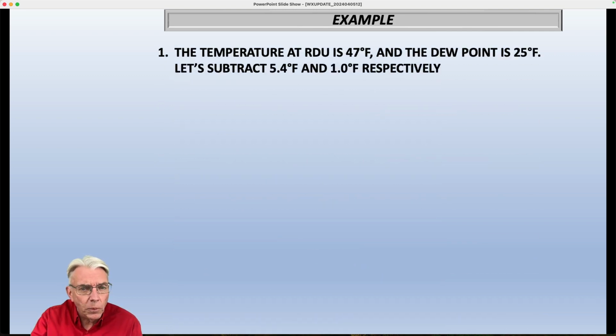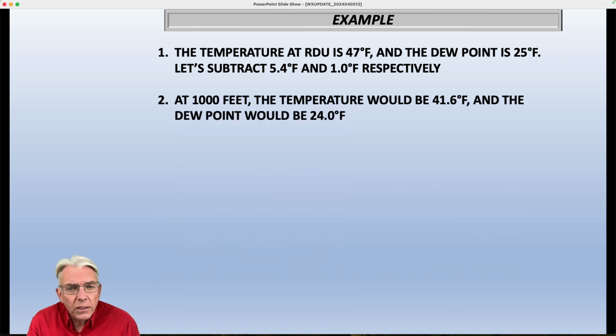So, let's take an example here. Let's say the temperature at RDU is 47 and the dew point is 25. Well, let's start subtracting 5.4 from the temperature and 1 degree from the dew point over and over again until those two numbers meet. At 1,000 feet, the temperature would be 41.6 and the dew point would be 24.